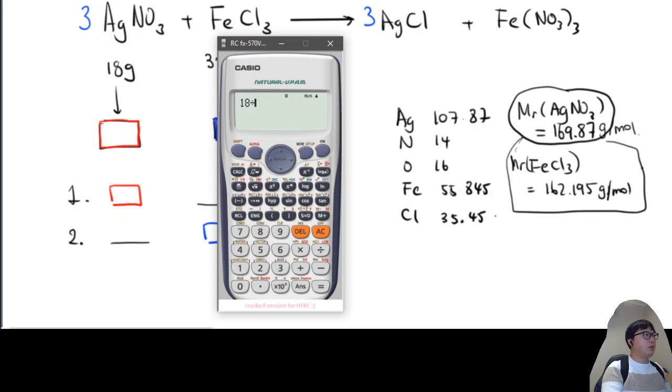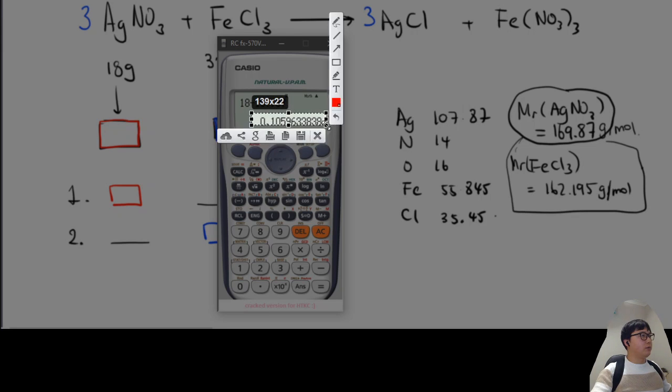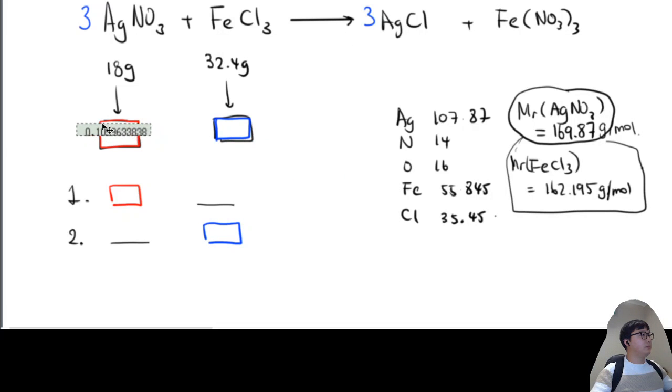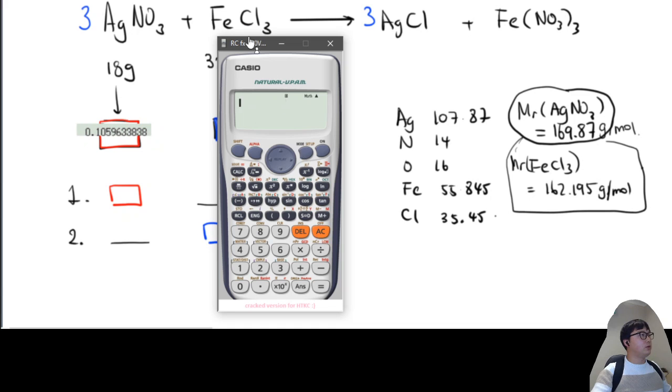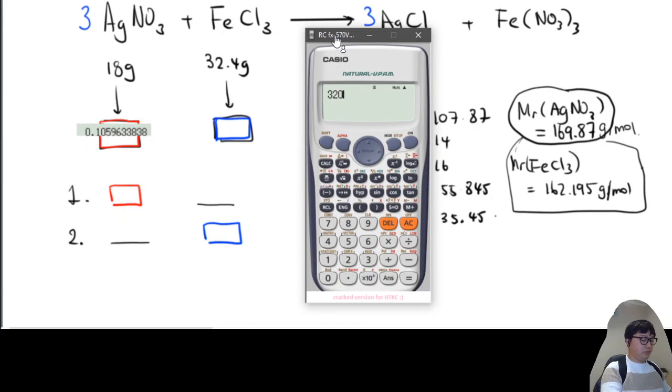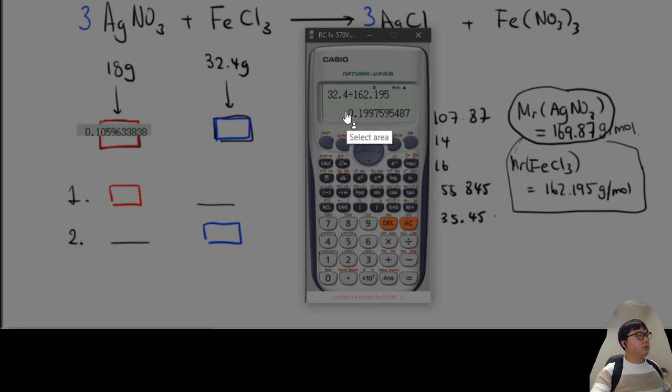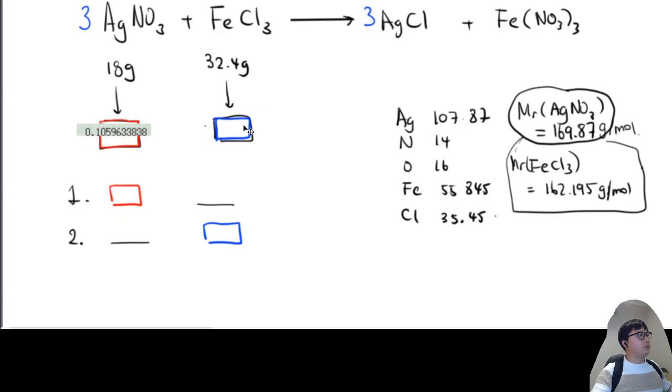So 18 divided by 169.87, right? So that's equal to 0. Just going to copy all of that over here. That many moles, and you do 32.4 divided by 162.195, right? Then you have that many moles, which is almost 0.2.